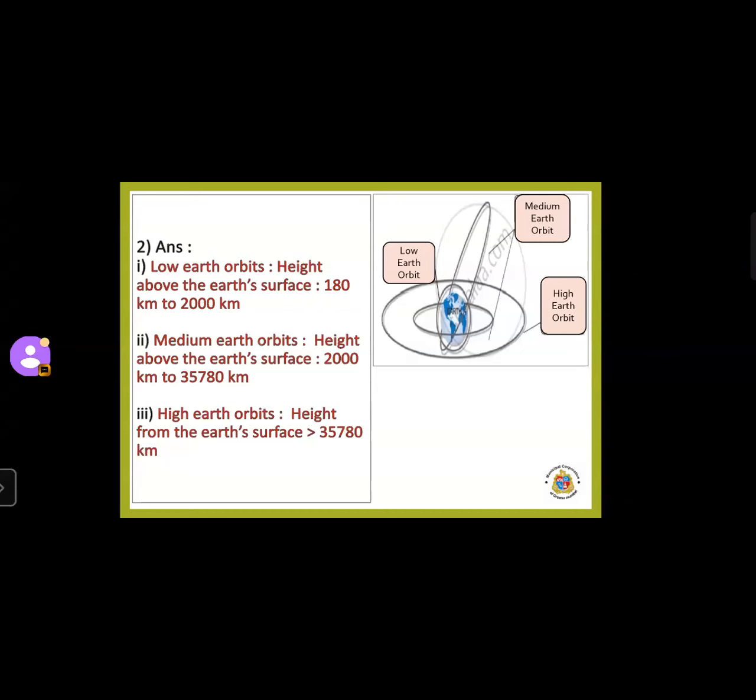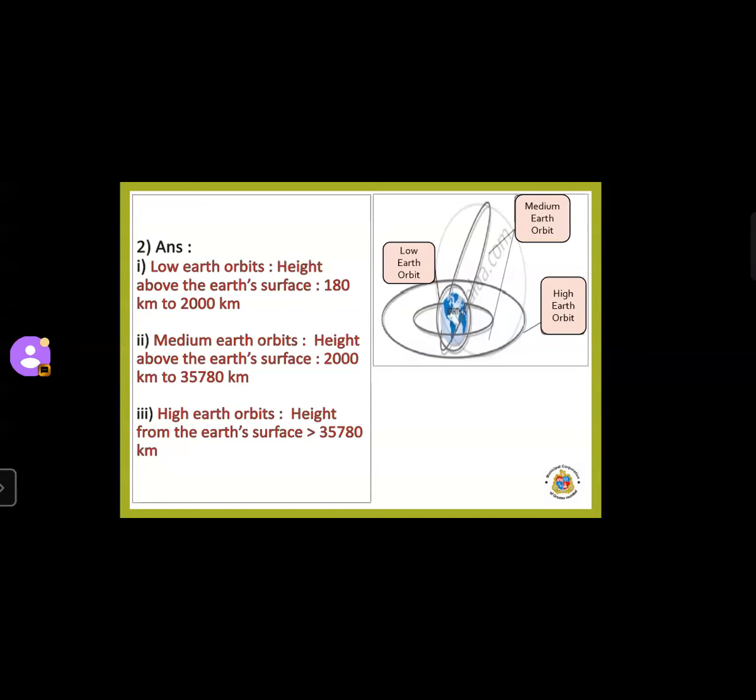Now medium Earth orbit, the height of this orbit is 2000 kilometer to 35,780 kilometer. So that is the height of medium Earth orbit. Now last one is what? High Earth orbit.